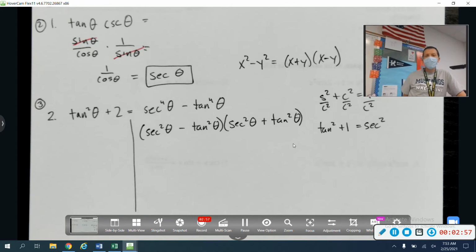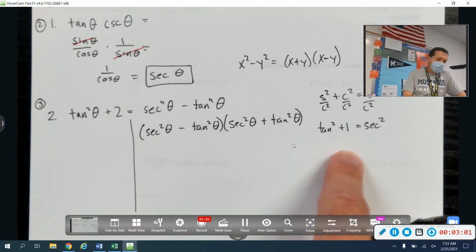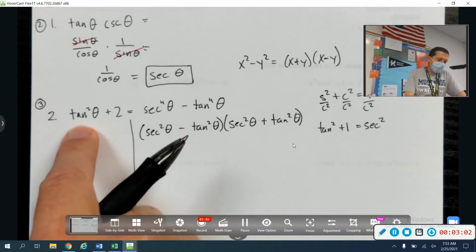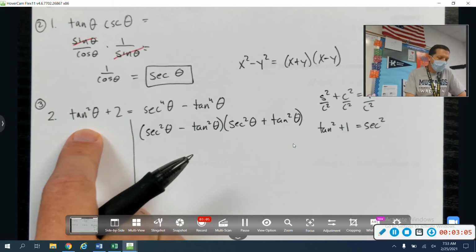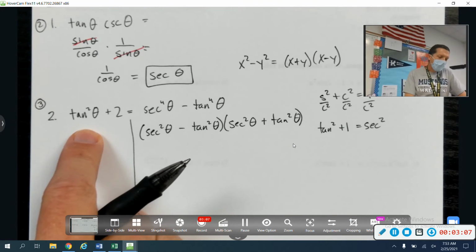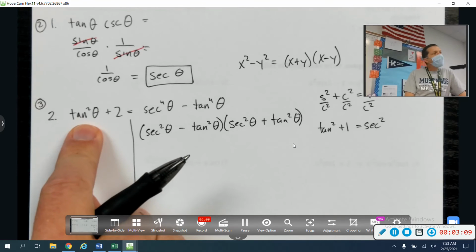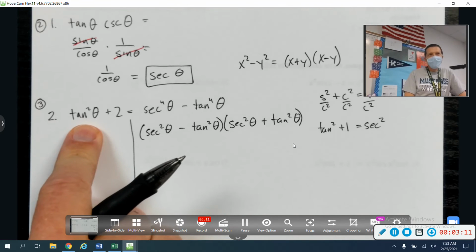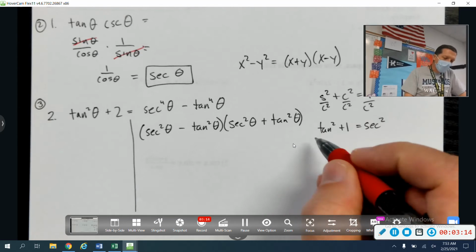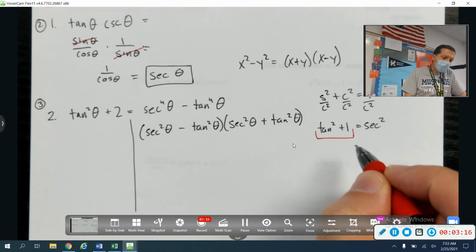So what does tangent squared plus 2 equal? Yeah, you're right. I don't know. But you're right to be looking over here. I think what instead I would say is, my answer doesn't have any secants in it, so I want to get rid of the secants. So let's replace my secant squareds with tangent squared plus 1.